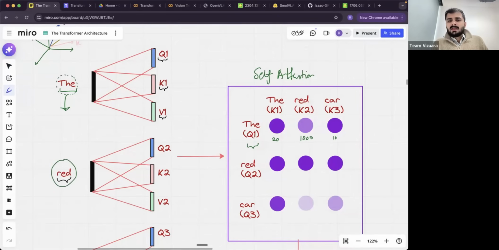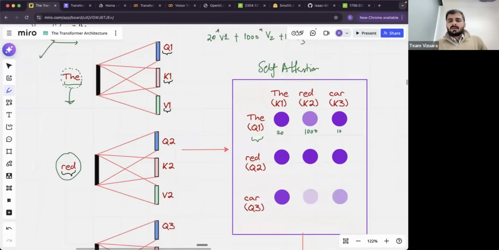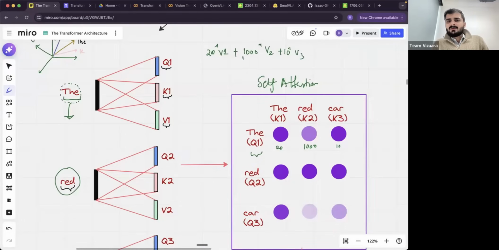I will take 20 and multiply it by V1. I will take 1000 and multiply it by V2. And I will take 10 and multiply it by V3. Now this 1000 is a very high value, which means that we are focusing a lot on the value which is coming from the token "red".